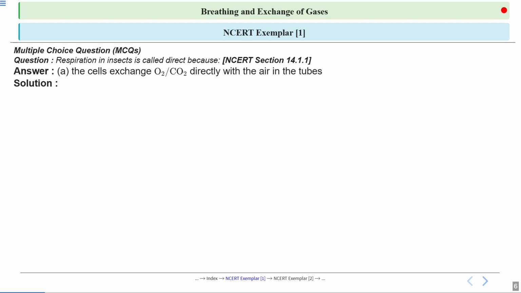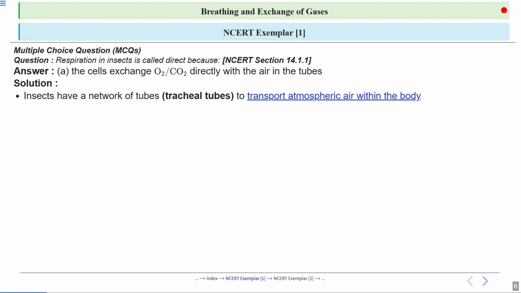The correct answer is: the cells exchange O2, CO2 directly with the air in the tubes. So insects have a network of tubes called tracheal tubes that help in the transport of atmospheric air within the body.